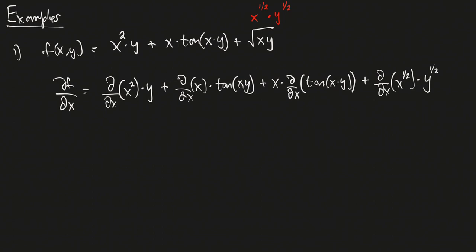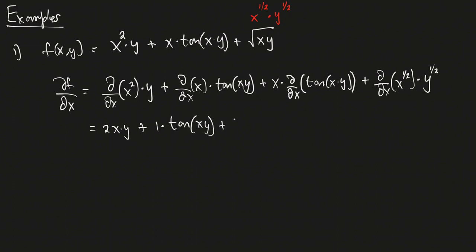Because when I look at all these partial derivatives that I have to do, this one is pretty straightforward. I'm going to get 2x and then bring down the y. This one is just going to give me 1 times and then bring down the tangent of xy. So plus 1 times the tangent of xy.